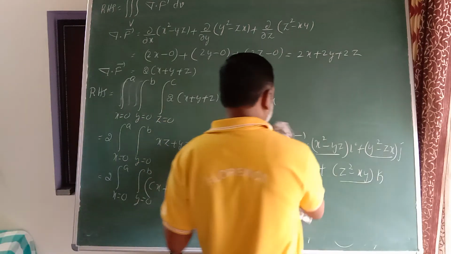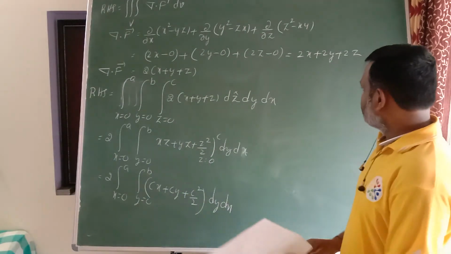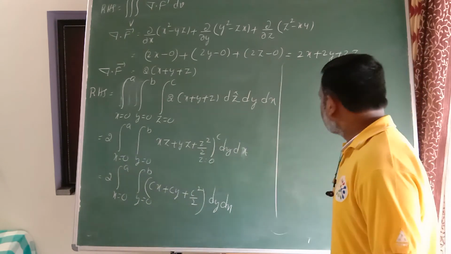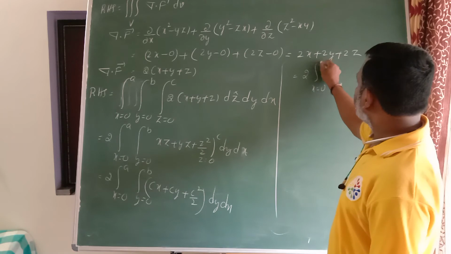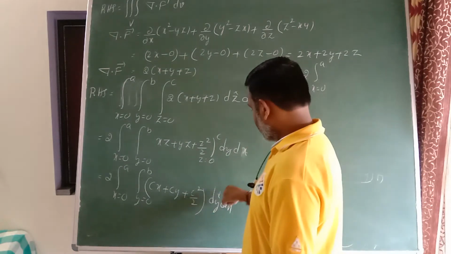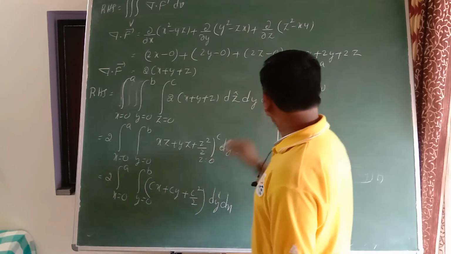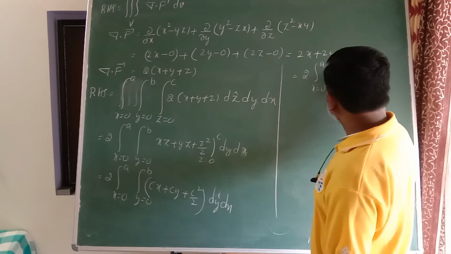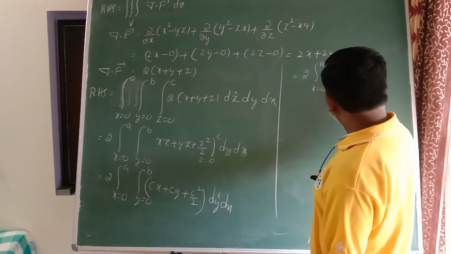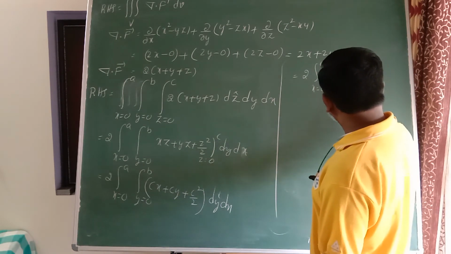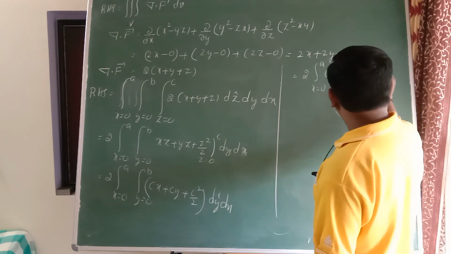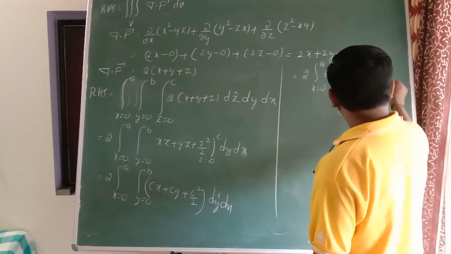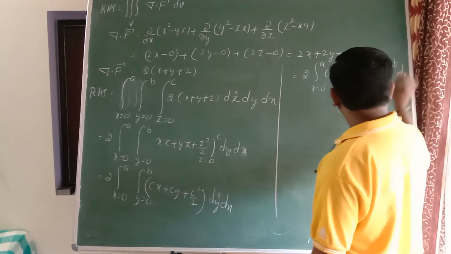Let us find this with respect to y first. 2 is already outside, so 2 times the integral over x from 0 to a. With respect to y, we get cx into y plus c into y square by 2 plus c square by 2, which is constant, into y, from 0 to b, with the remaining dx.